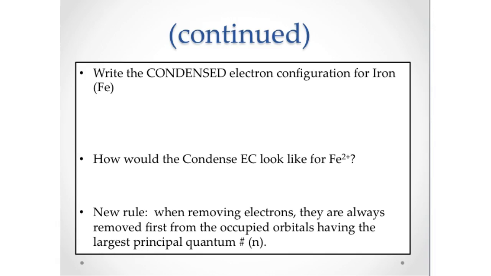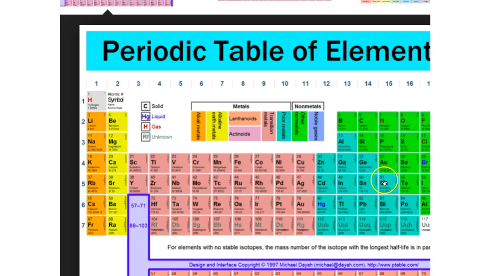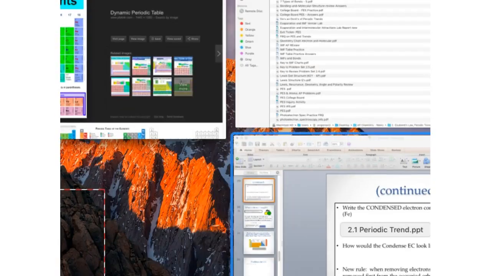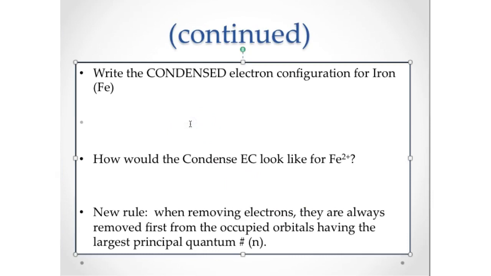It says here, write the condensed electron configuration for iron. So go ahead and pause and try it. Okay, so iron, the condensed one, iron is going to be right here. The condensed means we're going to move back until we hit a noble gas, and it's argon. So we're going to type in argon.